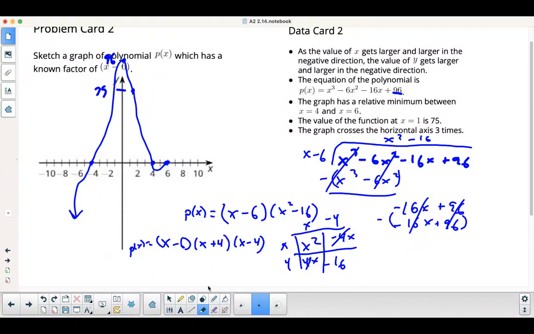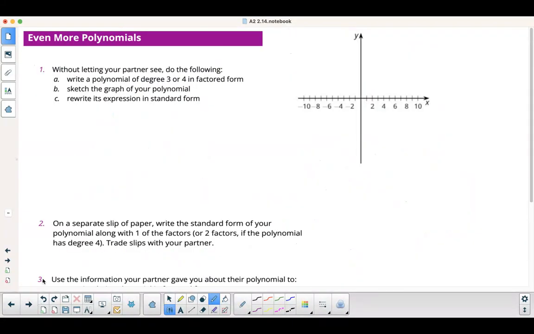Get rid of that. And then this side is going to have to go up. Why? Because I have my 3 x-intercepts here. Let me make that a little smoother. There we go. I have my 3 x-intercepts, so I'm not going to cross again. I'm not going to bounce down because I'd have to come back up. So there it is. All right, next thing.